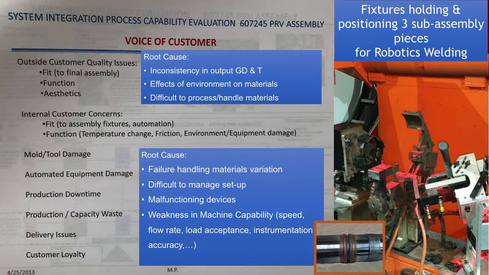They can stick to the machine, they can cause all kinds of damages to the equipment. For example, mold tool damage is one of the issues. Automated equipment damage, production downtime, production capacity waste, delivery issues, and customer loyalty. If you're not delivering on time, or if you have quality issues, then you will lose customers eventually.